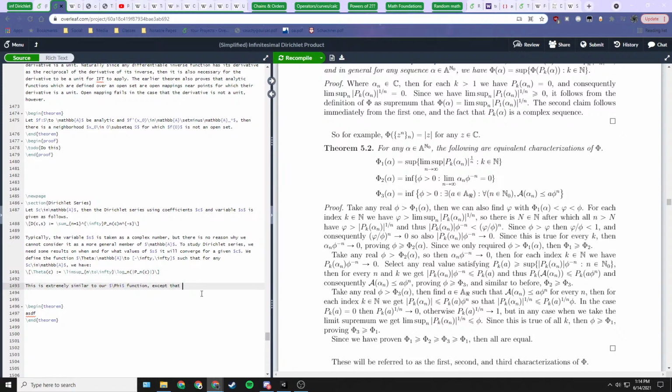This is really similar to the phi function, except under a logarithmic change of coordinates, and with extra indices.